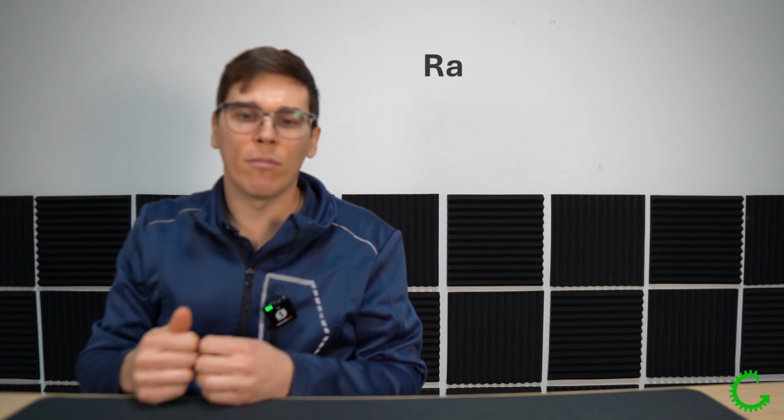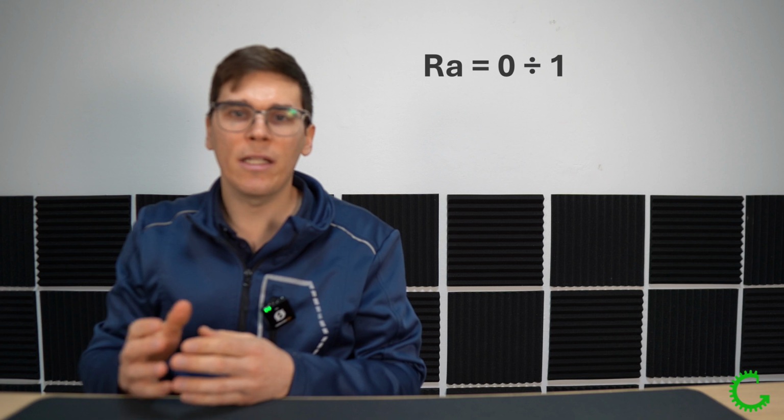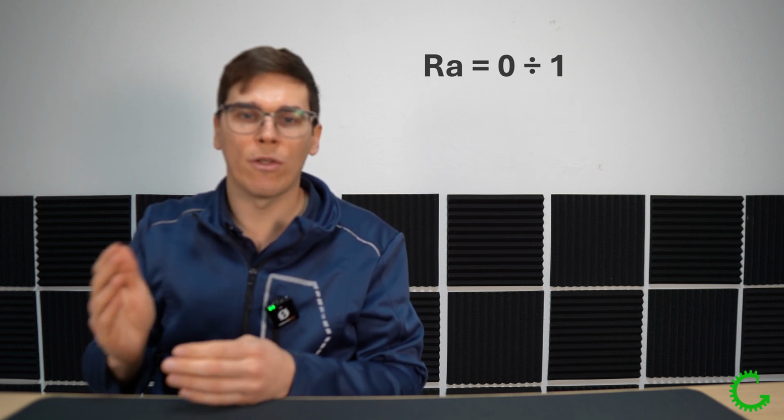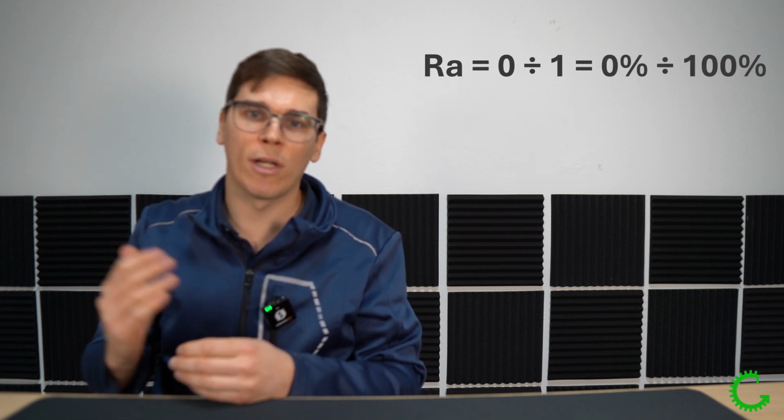Moving forward, we have the color rendering index, or CRI, which is identified with the symbol Ra and is a value between 0 and 1, or 0% and 100%, and measures the color fidelity because light can distort how we see colors, and so we have this index.